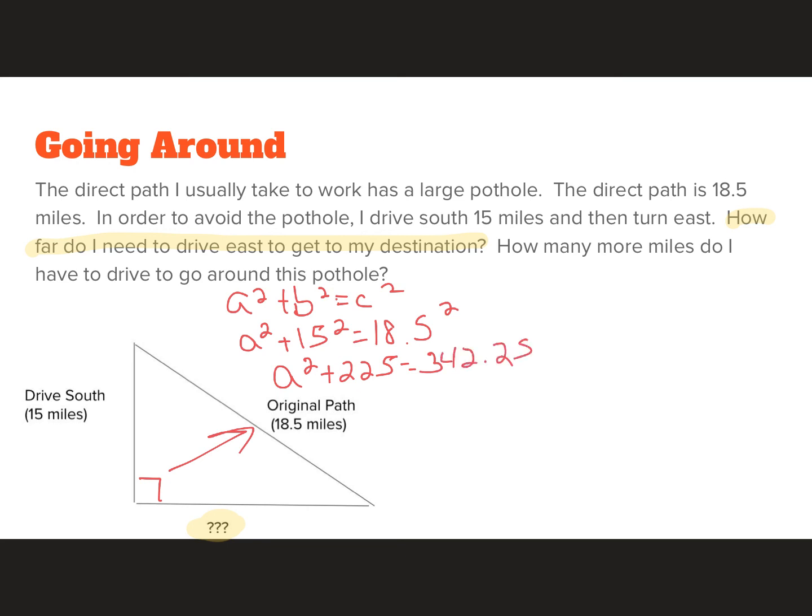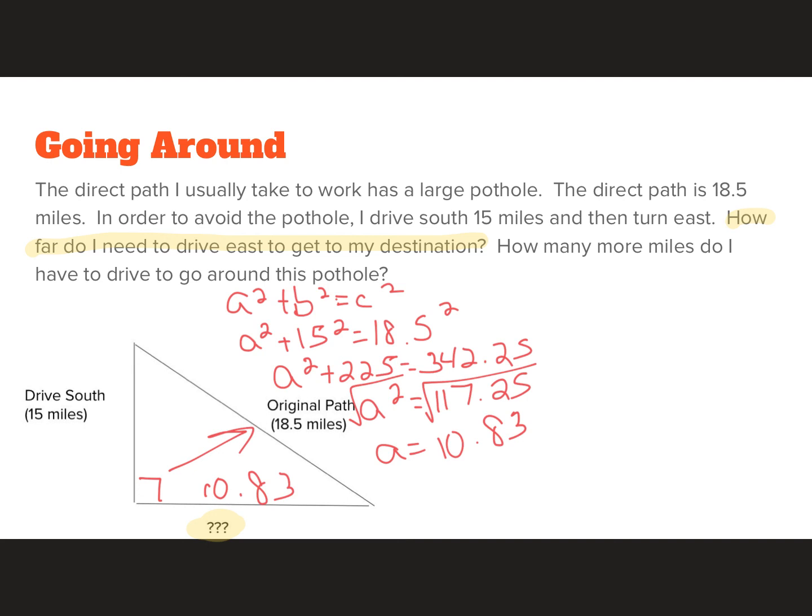I'm going to subtract 225 from both sides. So I end up with a squared equals 117.25. Take the square root of both sides. I get a equals, sorry, I put it in my calculator, 10.83. So this side is 10.83. So that's the first answer.